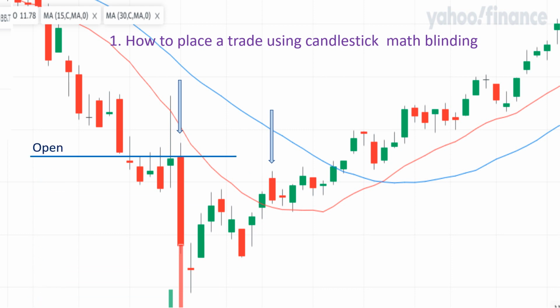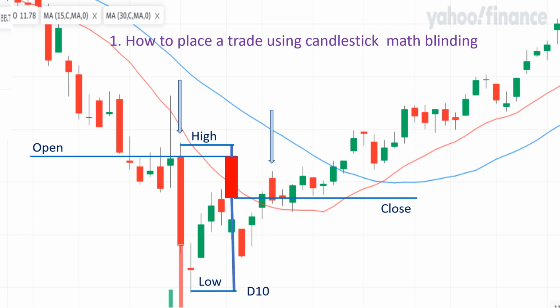We take the open of the first candle, then we take the close of the last candle, and then we take the high and the low of the pattern. And this is the equivalent of these 9 candles, in a D9 time frame.